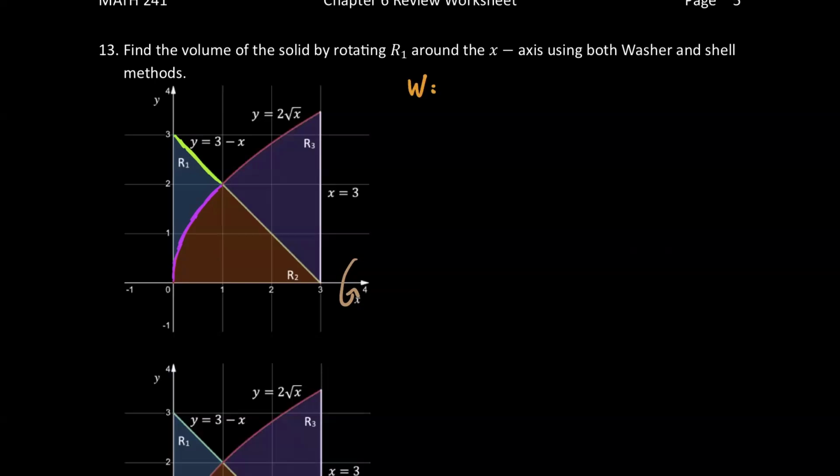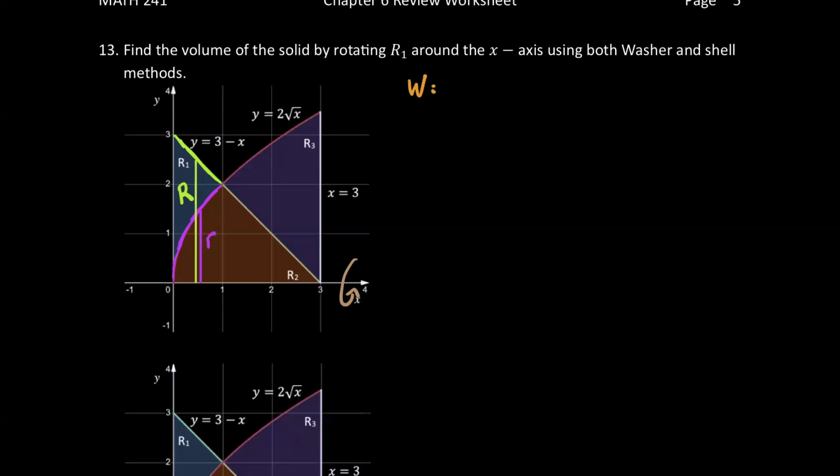You want to think about disk method, right? Really is the bigger volume minus the smaller volume. So the radius that's further away from the axis of rotation, so that's the big R. And then this is gonna be the radius that's closer to the axis of rotation. That's the little r.